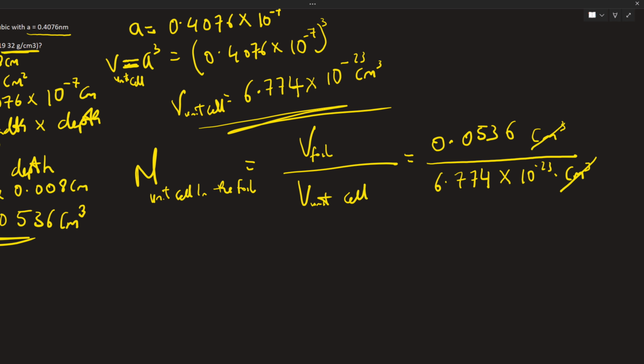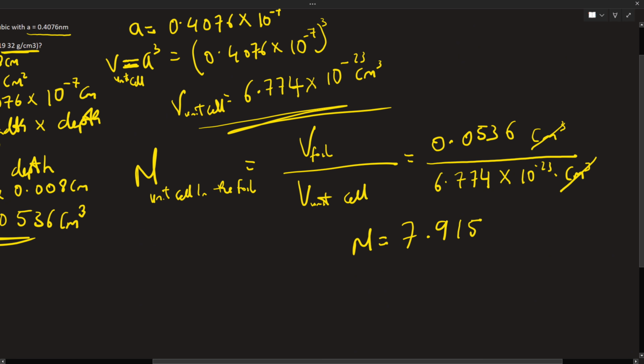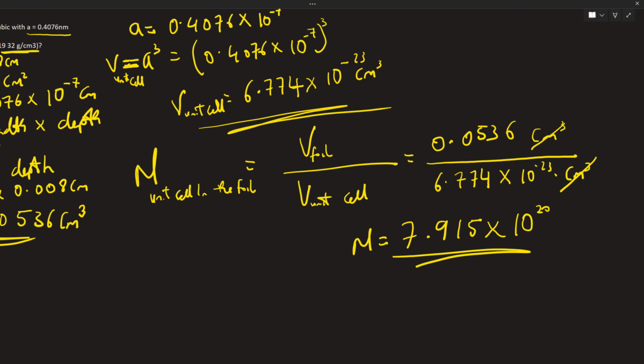First of all, these two cancel each other, so when we punch that into the calculator, we should arrive at n equal to 7.915 times 10 raised to the power 20. So this is our number of unit cells in the foil.